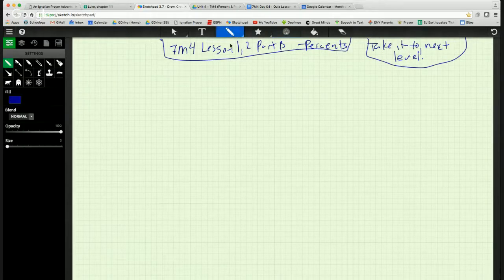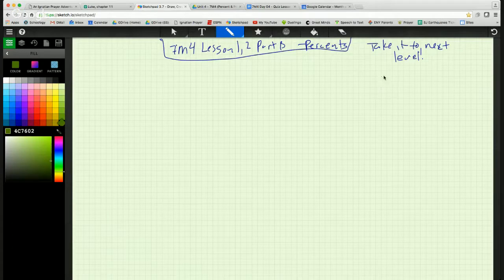Okay, let's switch back over to our pencil. And what we're going to do is we're going to learn about this equation. And remember, we learned how to solve what is 20%, we did these types of problems. What is 10% of 50? We did that type of problem. But in this lesson, we're going to use a model that's very similar, and we're going to say, well, the part equals the percent times the whole.